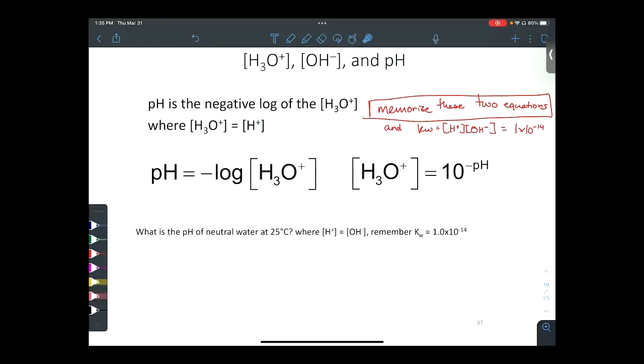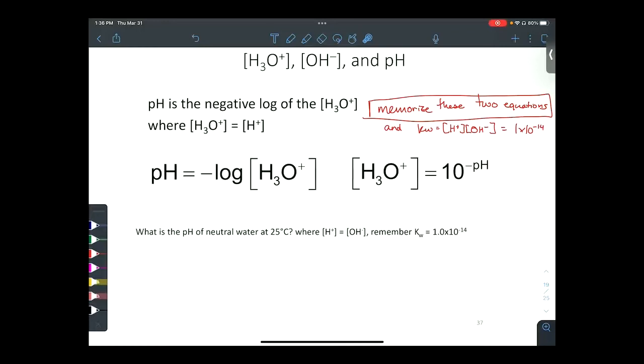These two equations you need to memorize as well. It's how to calculate the pH when given an H plus concentration. So P is essentially an operation. pH means negative log of H plus concentration. So P is the operation negative log of.